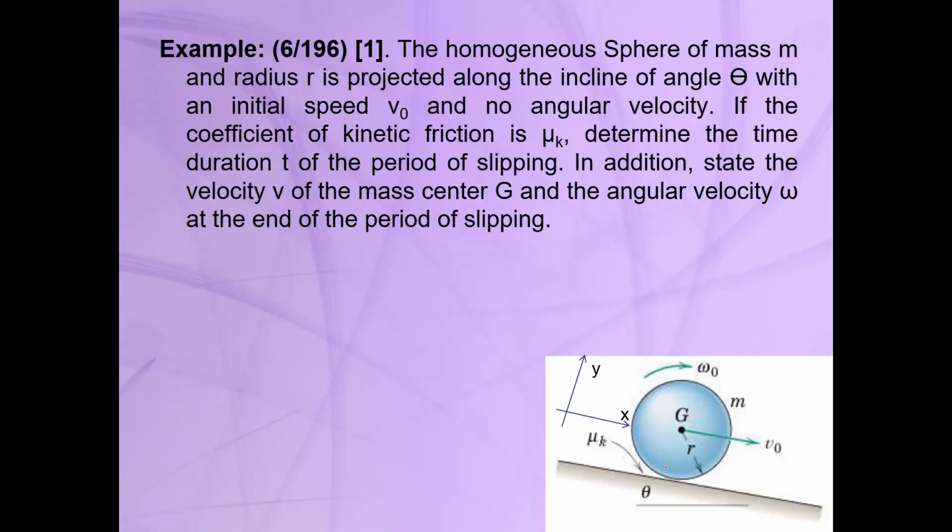We have one sphere with mass m and radius r with initial velocity v naught, which is released on this surface with friction, coefficient of friction mu k. Initially, this sphere starts to slip, and after the slipping, it starts to rotate. So we want to obtain the period of time t, which is the period of slipping.